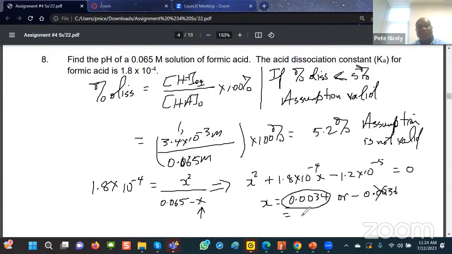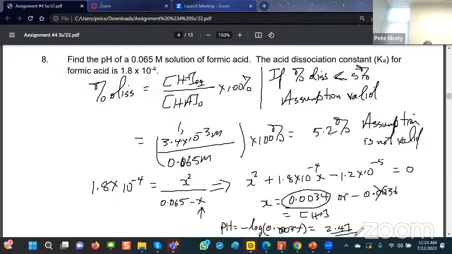So this will be equal to the concentration of H plus, and therefore the pH will be equal to minus log of 0.0034, and according to my calculation, that works out to be equal to 2.47.